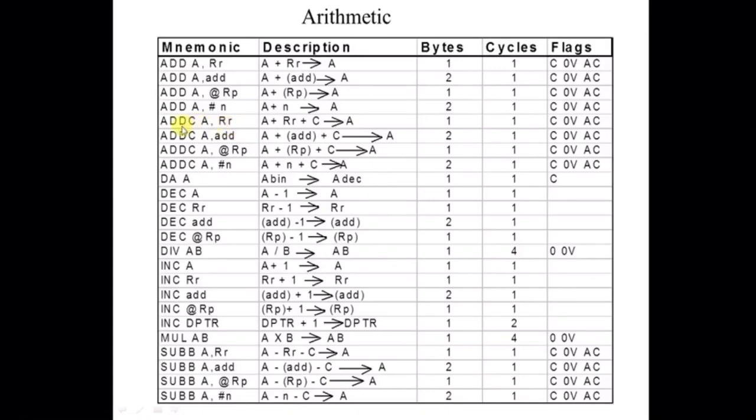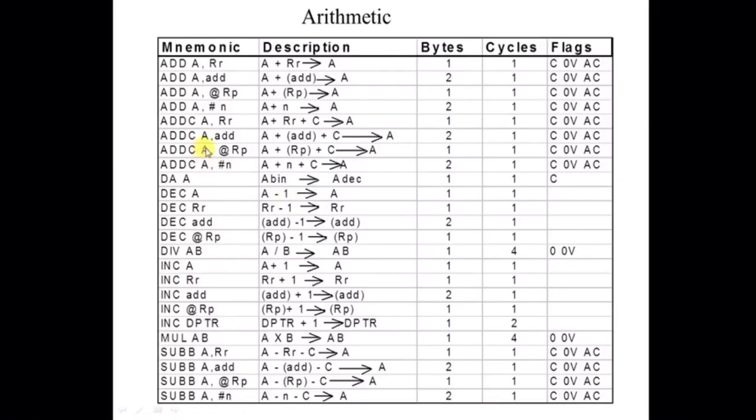This syntax allows accumulator and register values along with carry logic. So ADDC, addition with carry between A and a register, any register you can use from R0 to R7. And ADDC, addition with carry, accumulator and address location value. This addition operation will give the result and save it in the accumulator itself.